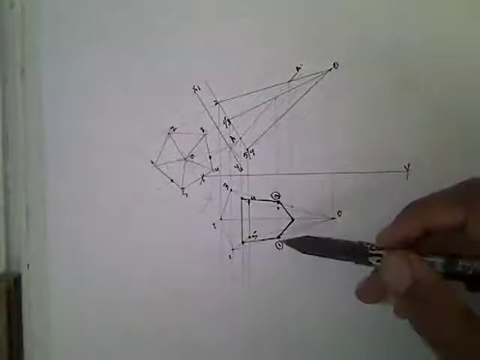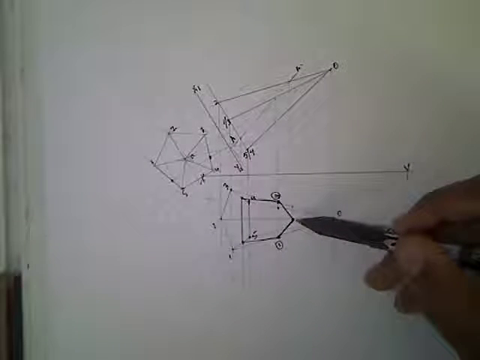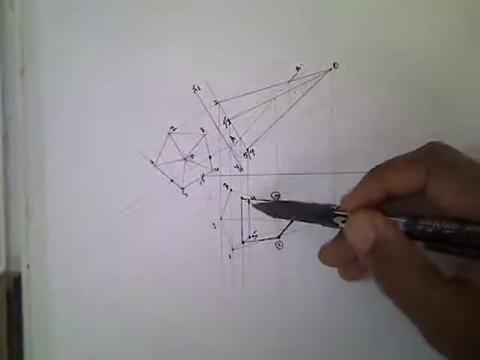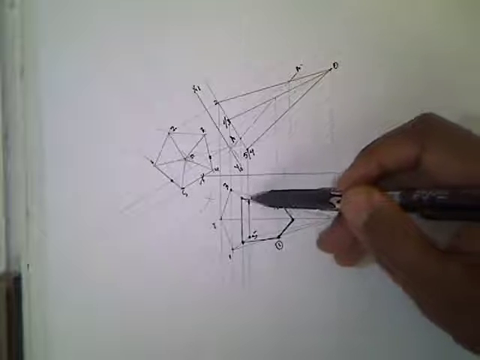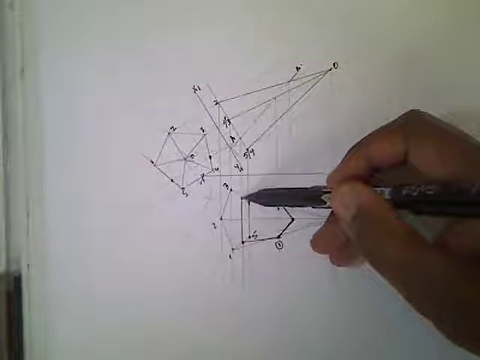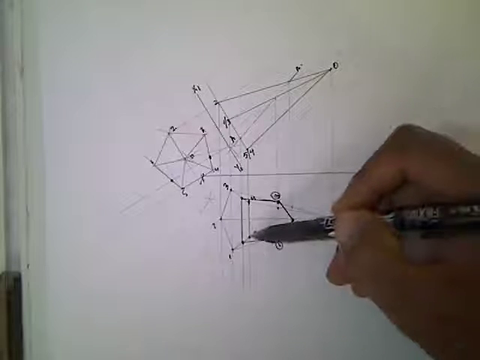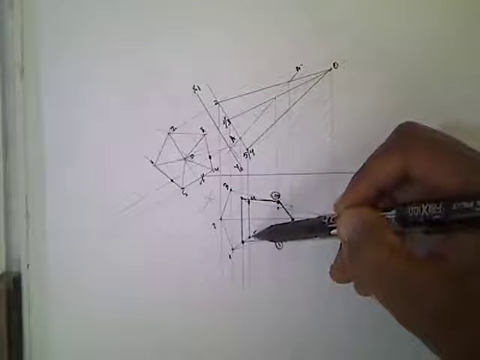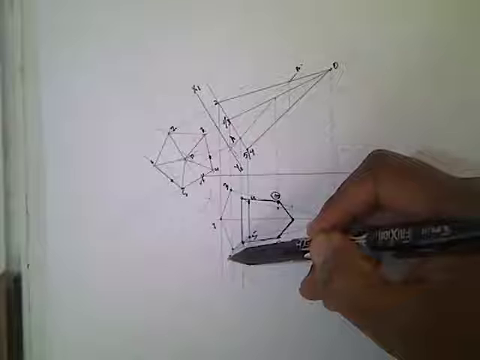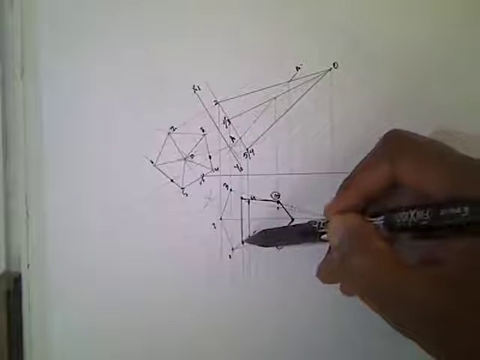1, 2, 3, 4 has not been cut. The cut goes up to that side, and then it goes right down. 5 has not been cut. It started cutting as 5 moved towards 1. As 5 moved towards 1, it cuts there.